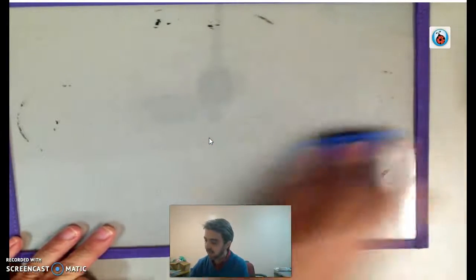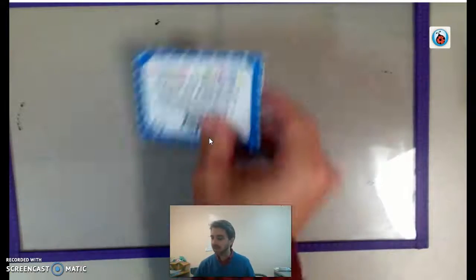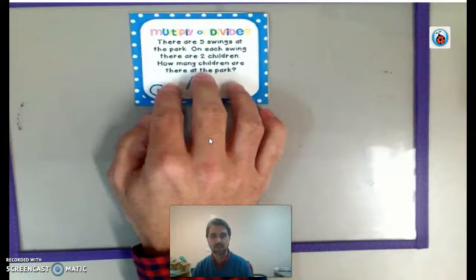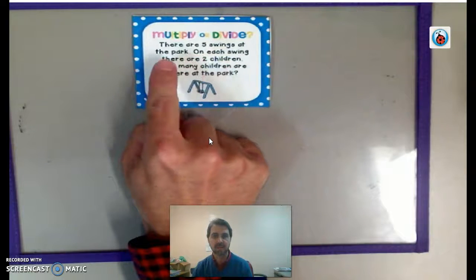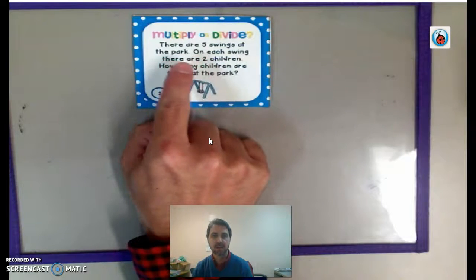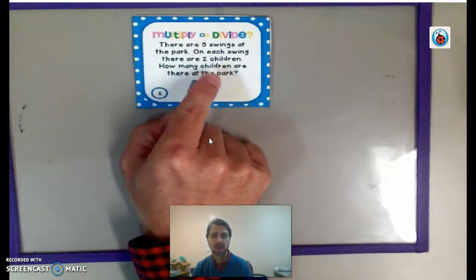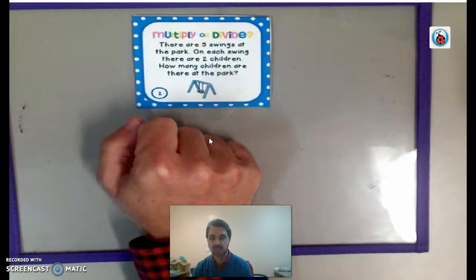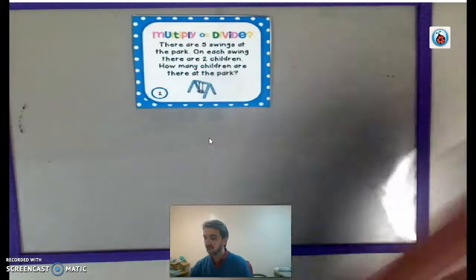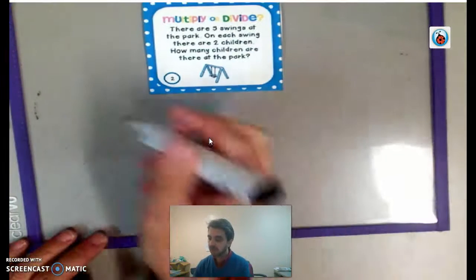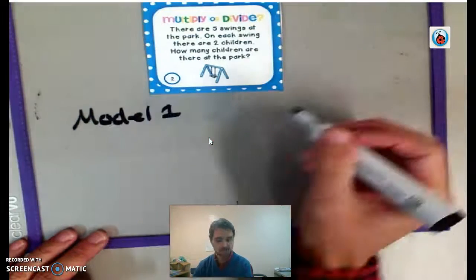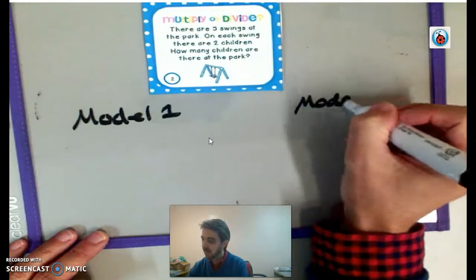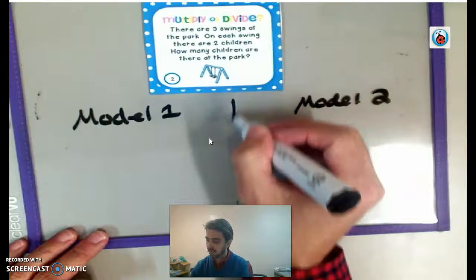So, for example, if I have this word problem, which says there are 5 swings at the park. On each swing, there are 2 children. How many children are there at the park? Let's model it. I'm going to model it 2 different ways, model 1 and model 2.